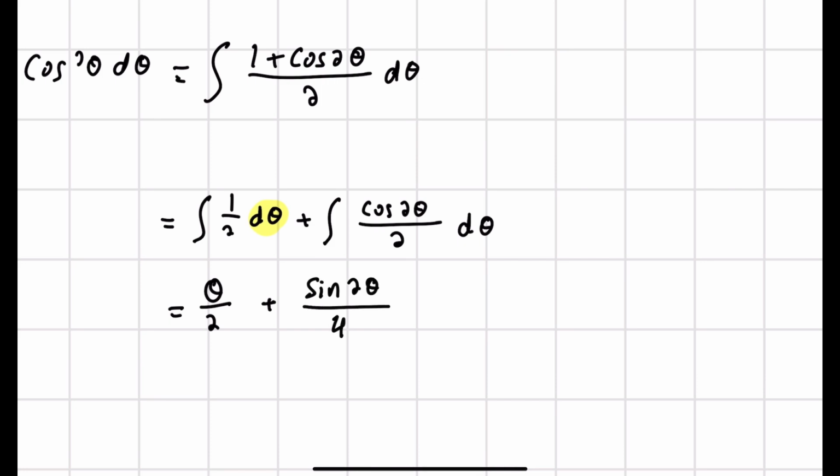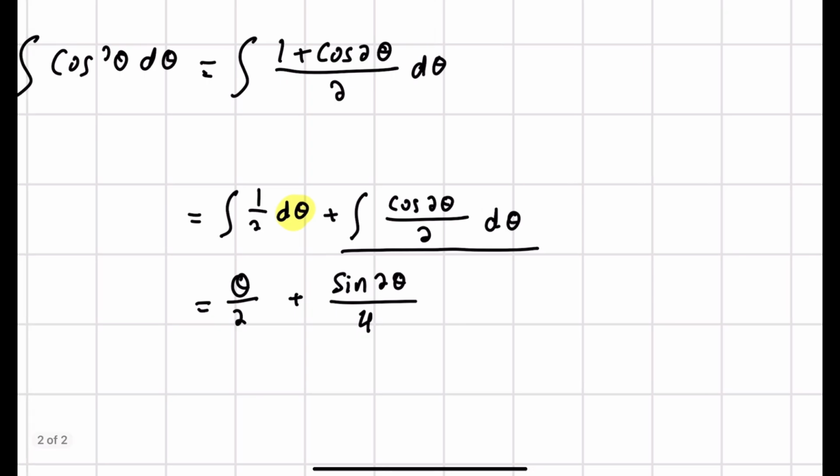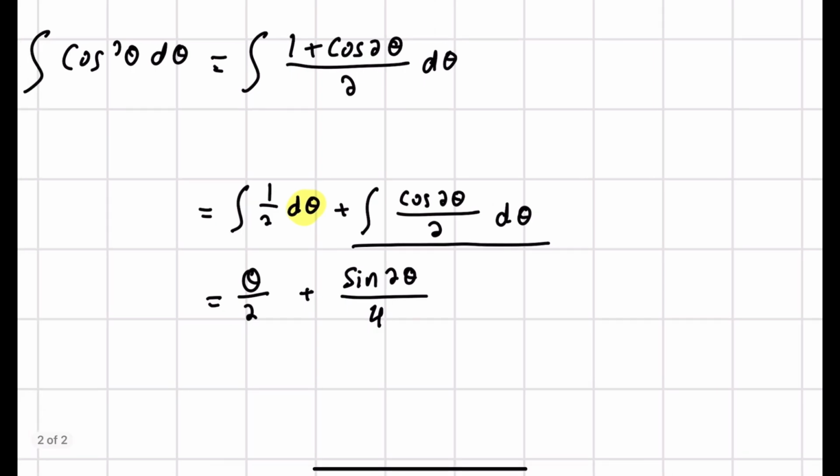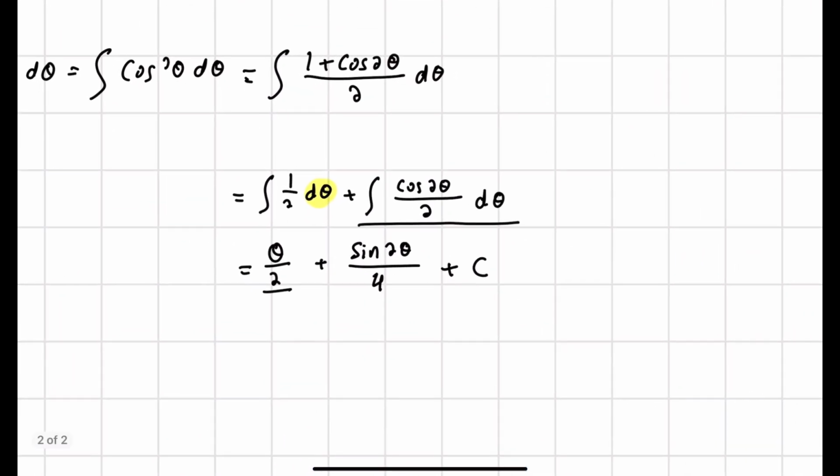This one's a bit more challenging, and I'll leave that as an exercise for you. Anyways, the antiderivative is theta over 2 plus sine 2 theta over 4 plus c. And now we're not done yet. Remember we substituted everything for theta and sine theta.